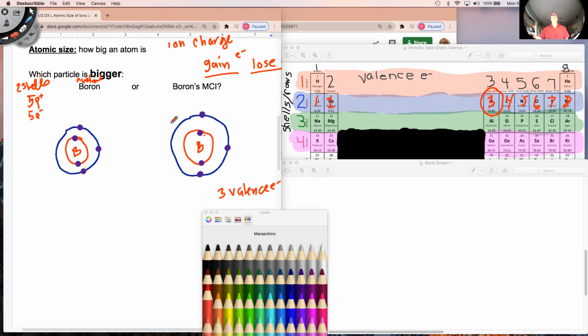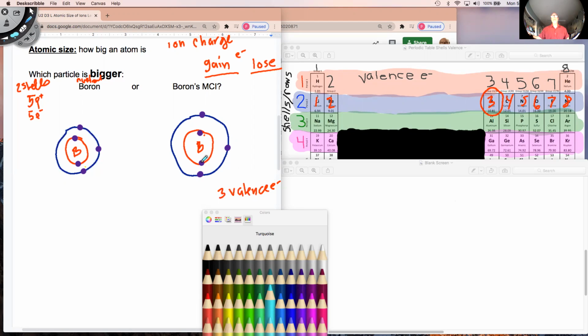So is boron going to want to gain 5 electrons? 1, 2, 3, 4, 5, right? Or is boron going to want to lose these 3 electrons and then have a full shell on the inside?